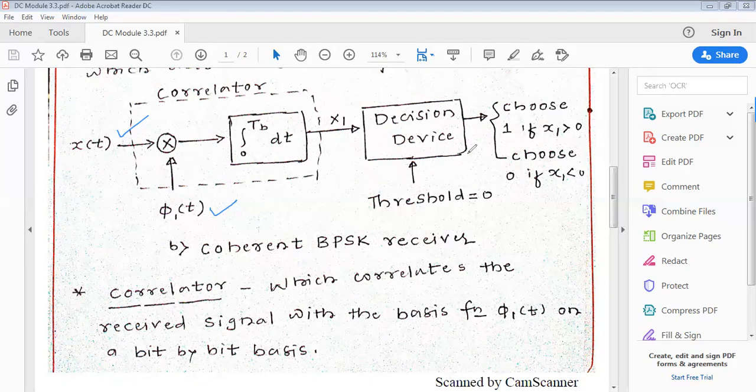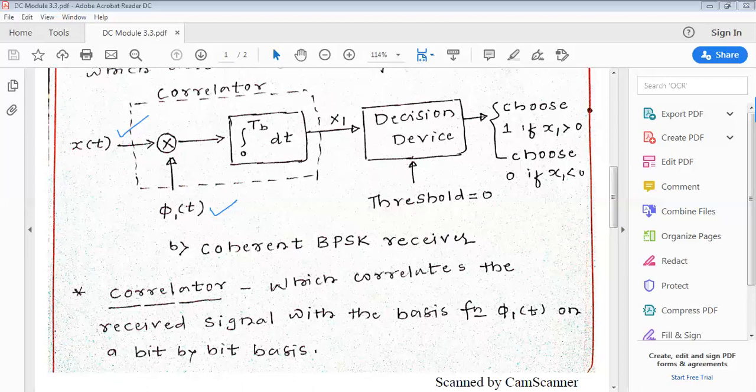This is how we estimate the binary ones and zeros at the output of the receiver. Why is this threshold made 0? Because we assumed the transmitted ones and zeros are equiprobable, that is p1 is equal to p2, so both symbols 1 and 0 are transmitted with equal probability.